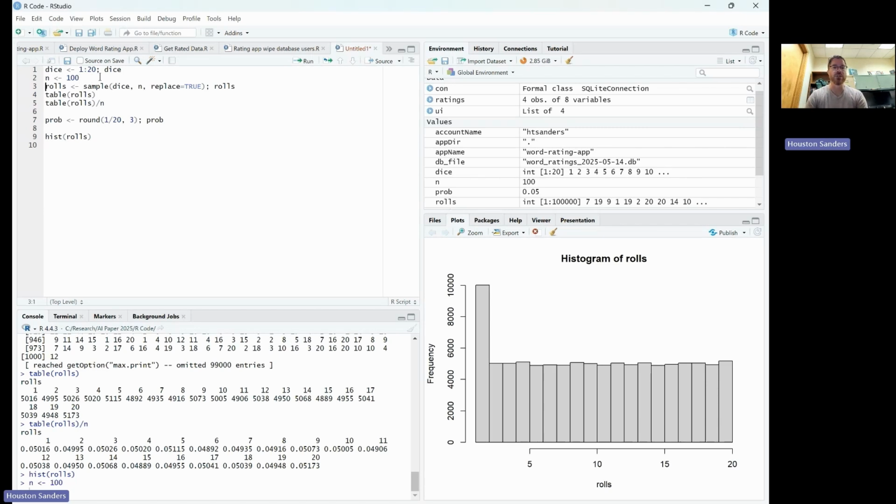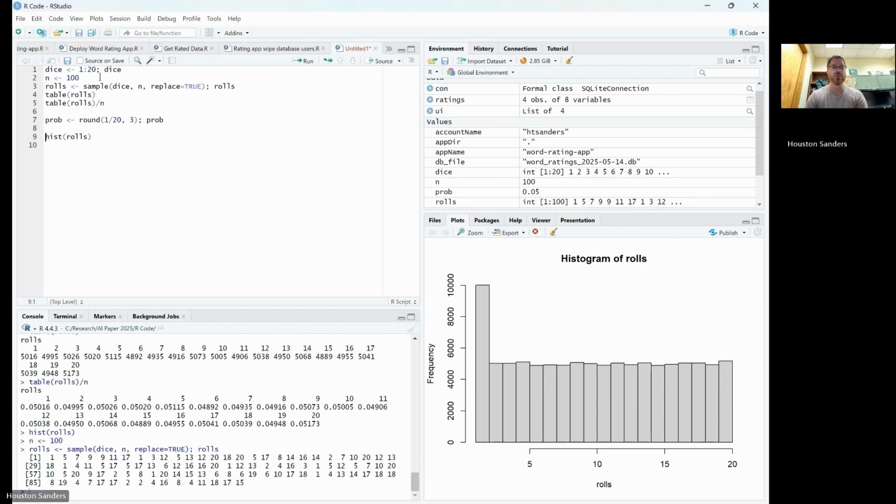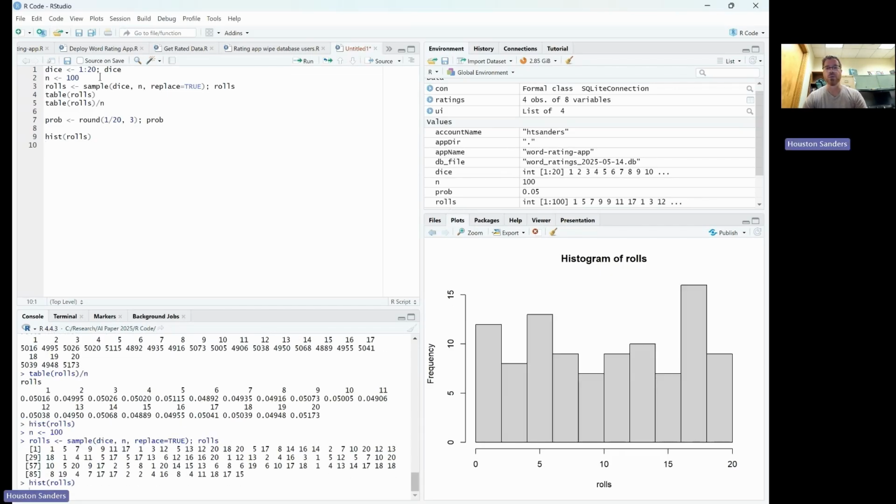So just to redo this real quick, let me show you with a smaller roll. With only rolling 100 20-sided dice, you'll see that there's quite a bit of divergence between how many of each outcome we get.